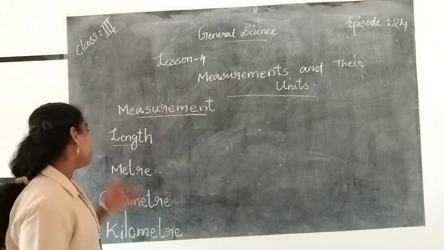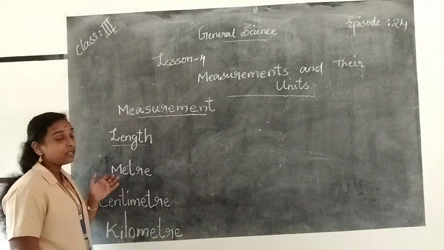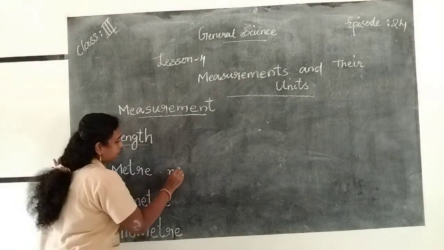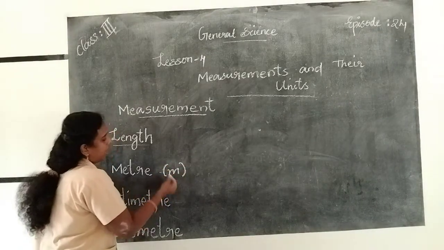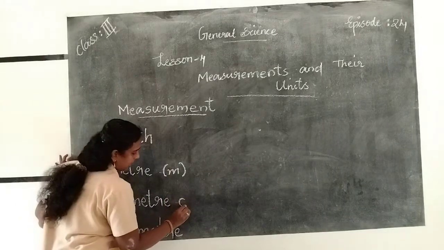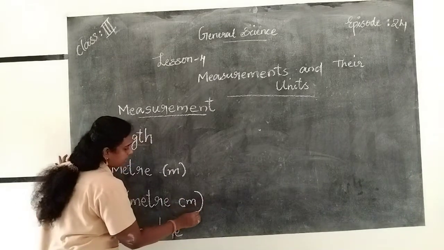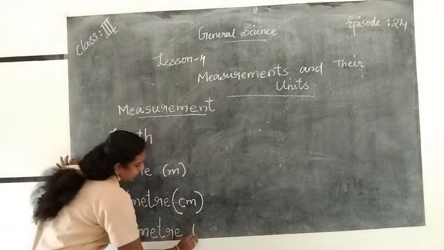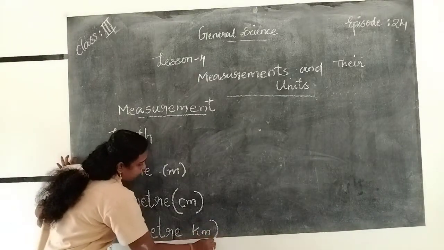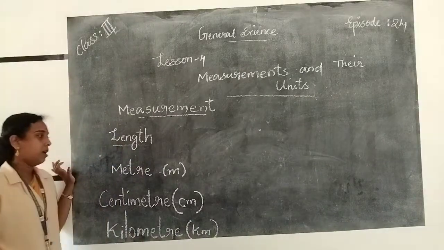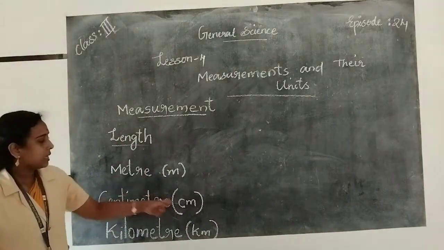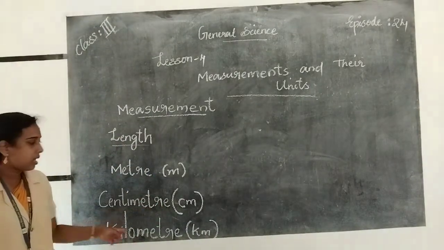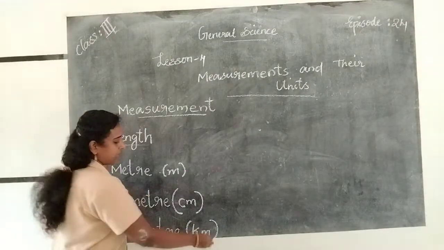And we can use the small letter m to represent meter. And we use cm, small letter c and m, to represent centimeter, and km for kilometers. M for meter, cm for centimeter, km for kilometer.